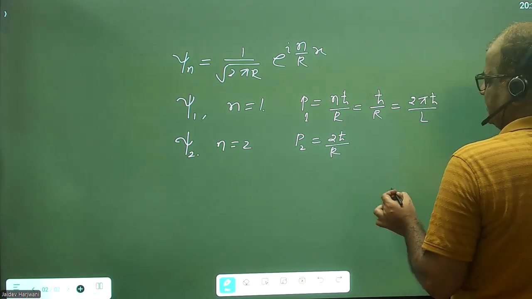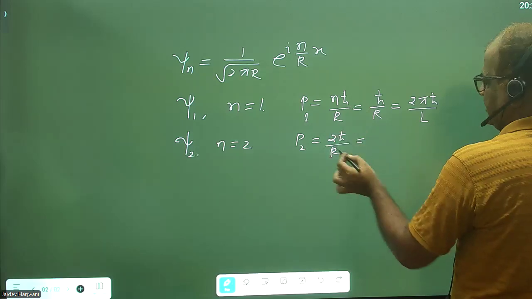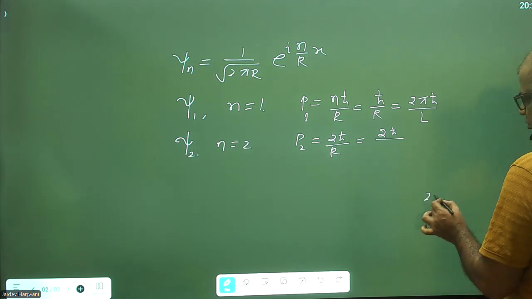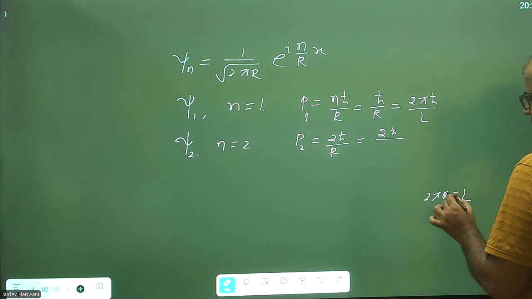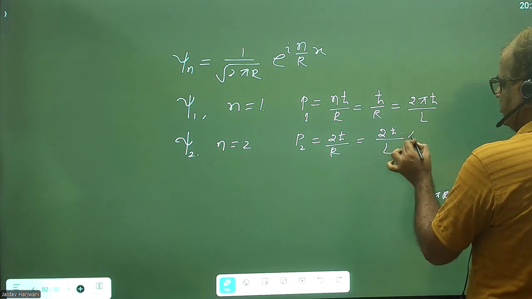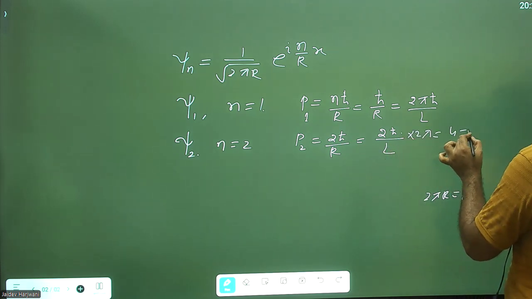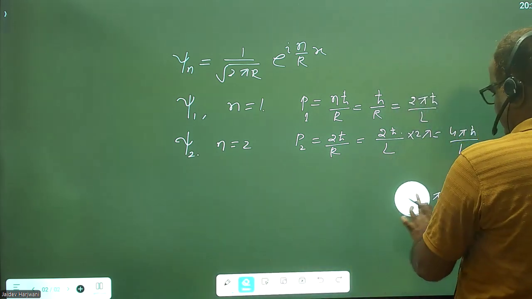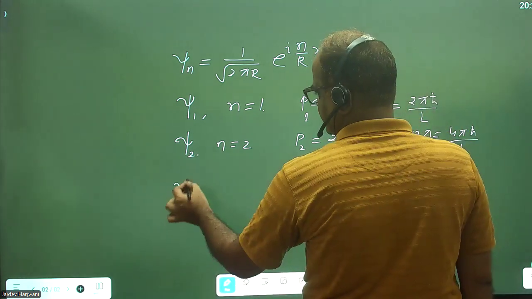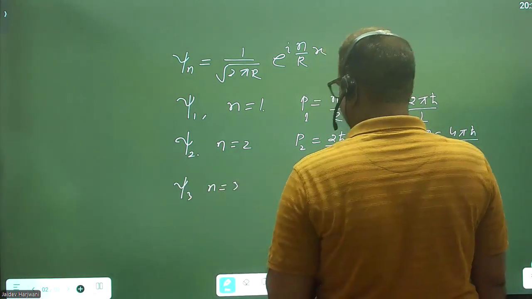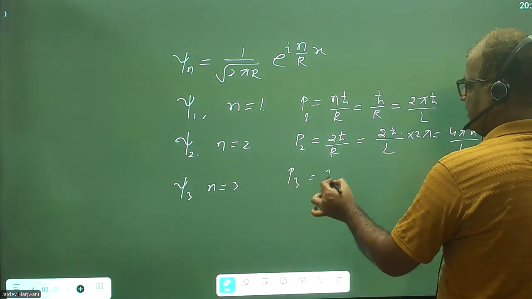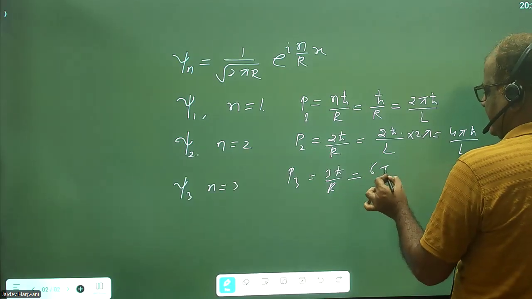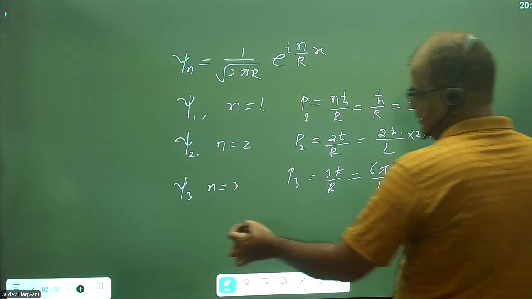In terms of L, this becomes 2 h cut, and since 2 pi r is equal to L, r is L upon 2 pi, so this becomes 4 pi h cut upon L. In a similar way, for psi 3, which is state 3, P3 will be 3 h cut upon r, or in terms of L, 6 pi h cut upon L, and so on.